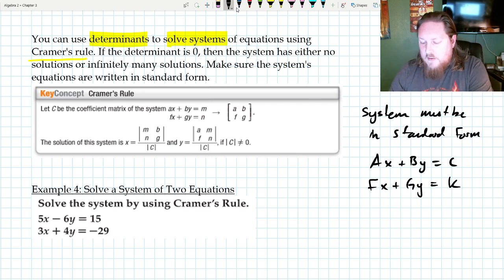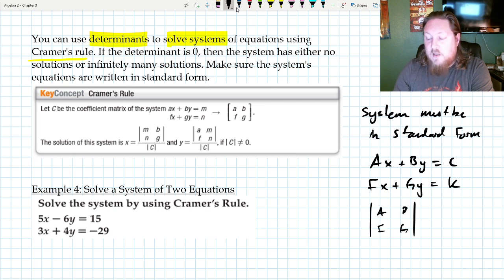What's happening is we're going to find the determinant of a matrix, but first we'll take the normal coefficient matrix here: a, b, f, g. Nice because it's 2 by 2, so it's pretty easy to find. We're going to find that determinant.